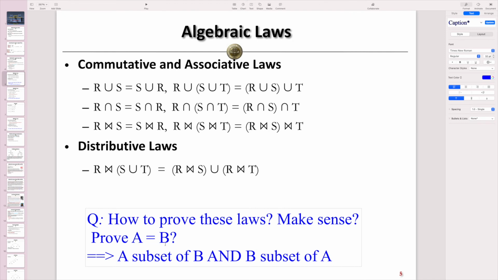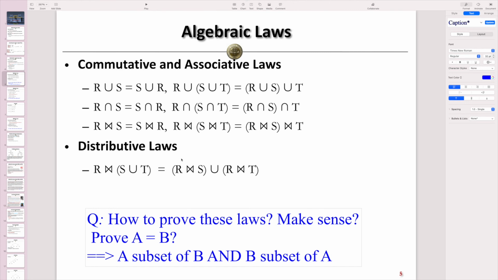It will be similar if we plan to prove the above laws, like R union S equals S union R. We just need to show that R union S is a subset of S union R, and at the same time, S union R is a subset of R union S. And if so, then we can show these two are equal to each other, right? It will be similar for the remaining commutative and associative laws.